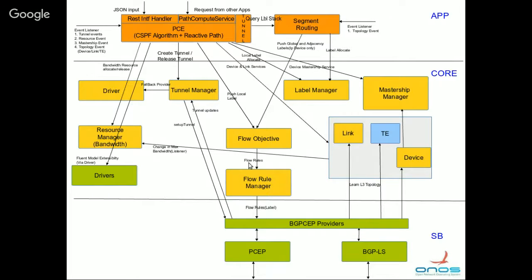When you are pushing the rules, BGP is also a flow provider, and PCEP we also want to have as a flow provider. Since BGP-LS is the scheme, I think the flow rule manager will by default push it to the BGP-LS provider. I want to avoid that.